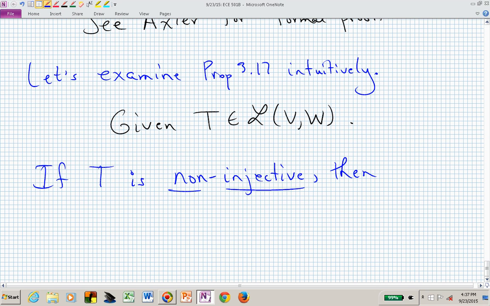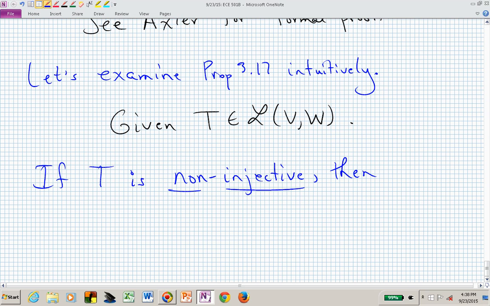Let's say if you were creating some examples and giving them to a colleague. Okay, so now you can map multiple input vectors to the same output if you have a non-trivial null space, and you do if your linear map is non-injective.